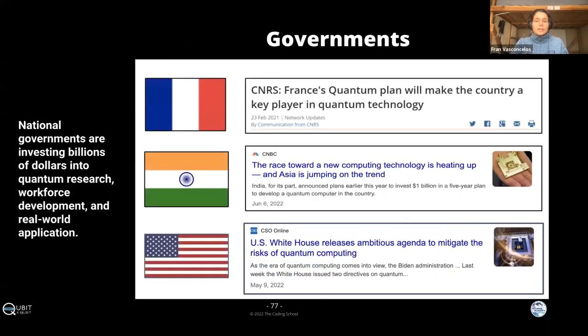With respect to governments, there's a lot of government interest in quantum computing. In large part, actually, because of these kind of cryptographic implications that quantum computers would have. So when Shor's algorithm was first discovered in the mid-1990s, the US realized that quantum computers could actually be used to hack, which of course has big implications for the security of countries and warfare and things like that.